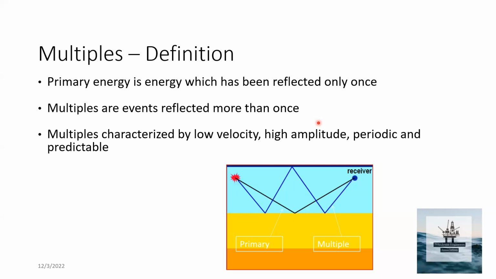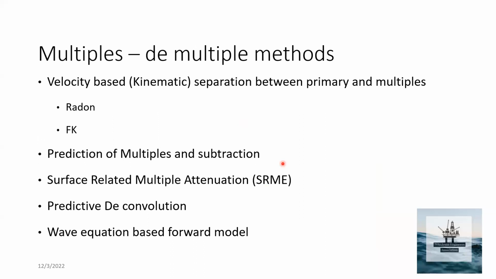One of the main points also in the workflow is the multiple attenuation. The multiple is simply that the primary energy is reflected more than once. Multiples are events reflected more than once. We have several multiple attenuation methods, like noise attenuation.